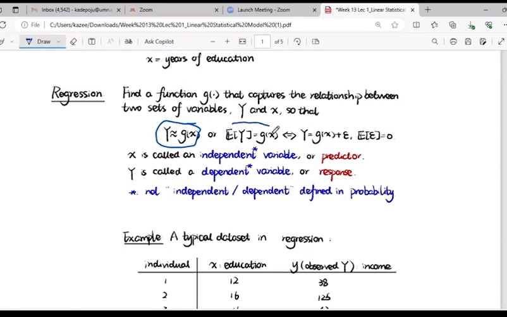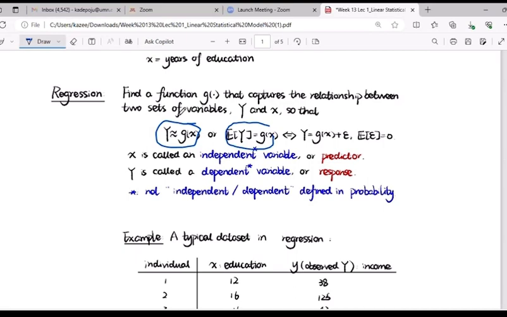Initially, it is not exactly G of S because when we are specifying our model, it is not possible that we specify a model that gives a true characterization of reality.